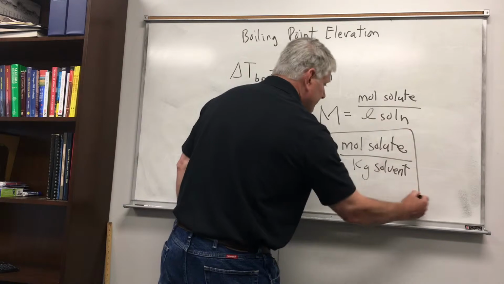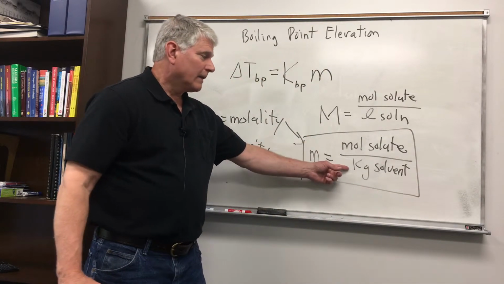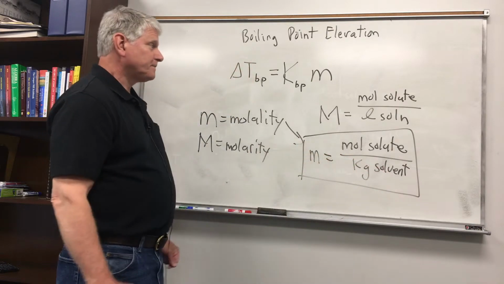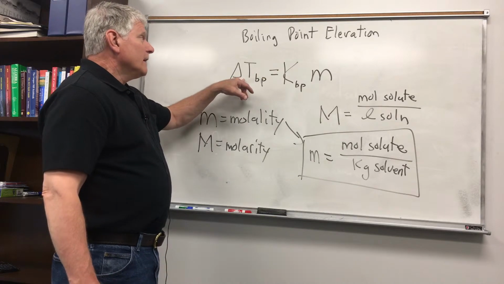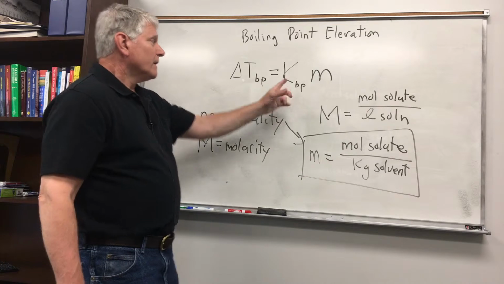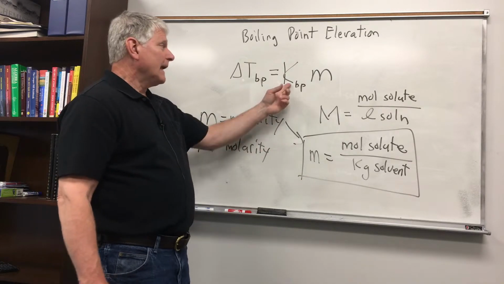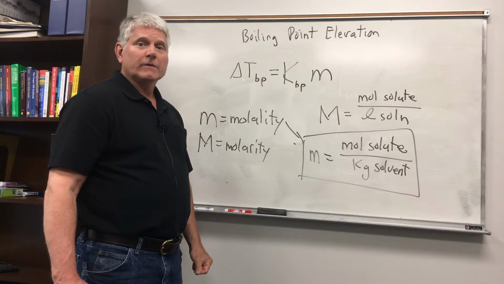So this is molality, moles of solute divided by kilograms of the solvent. So delta T boiling point, the elevation in boiling point, is equal to a constant. This constant is different for each solvent, and then we multiply by the molality of the solution.